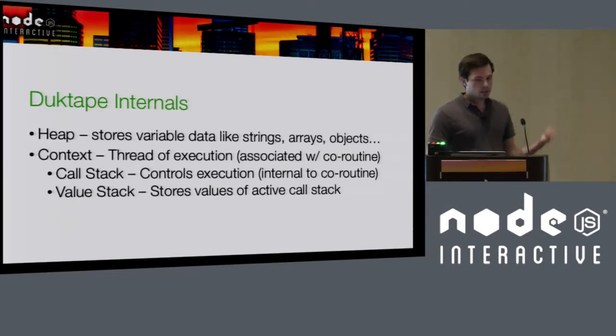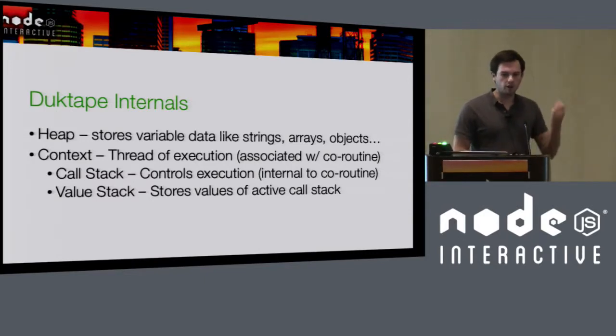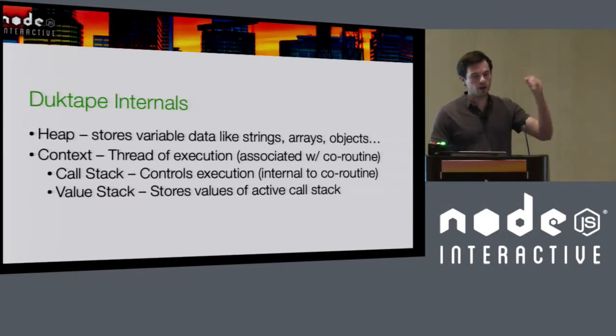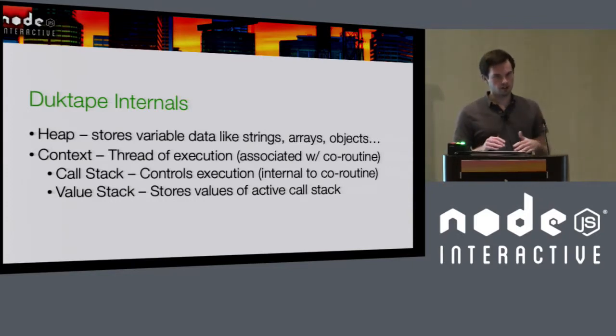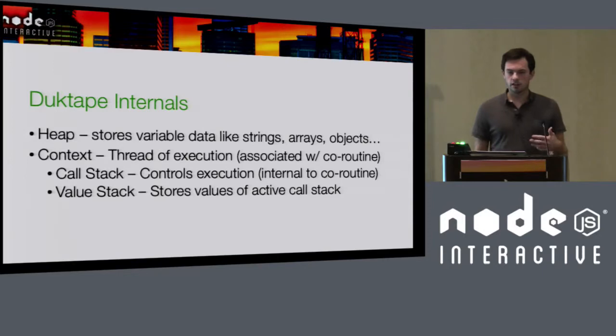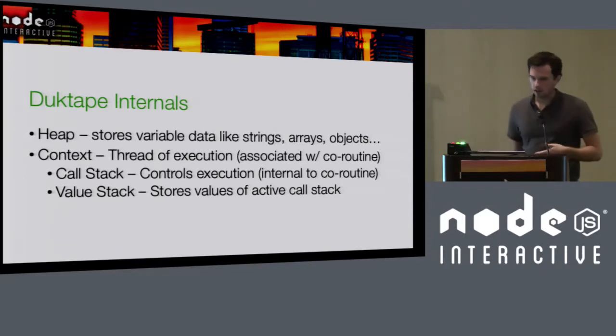So it needs the heap, and it also needs a context, which in Duktape parlance is a thread of execution. So there are 2 things associated with this. One is the call stack, which keeps track of where you are in the code execution, what functions you've called, and so on, and when you return, what function to go back to, as well as a value stack, which stores the values of an active call stack.